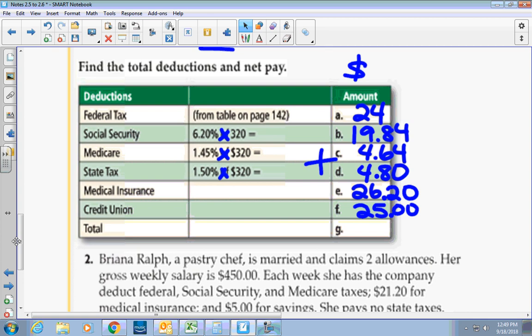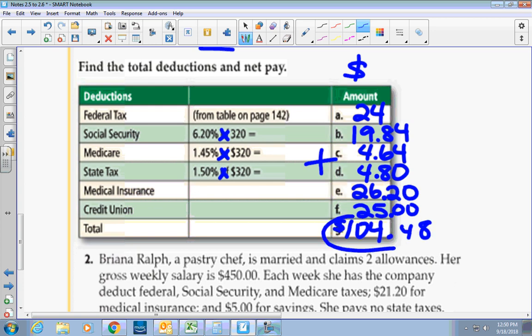Okay, $104.48. Let me know, I need a little verification. Is that what you guys got? Yes, of course.